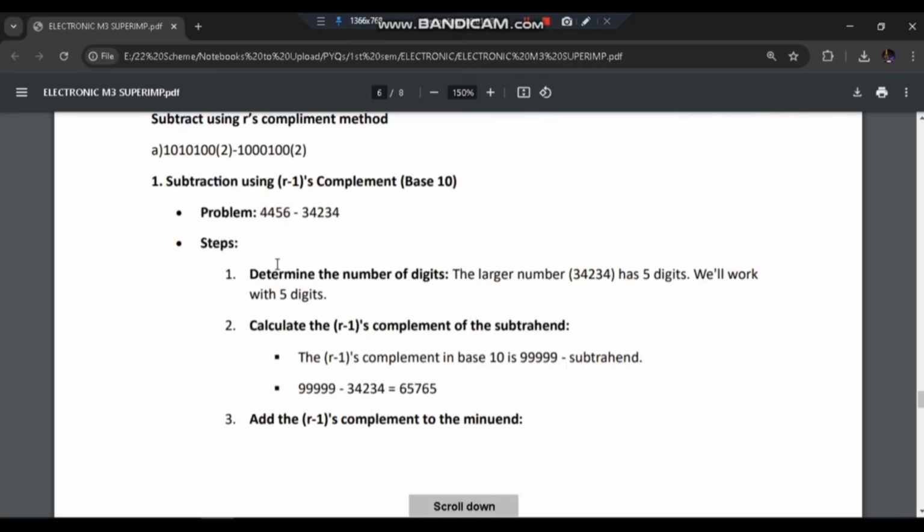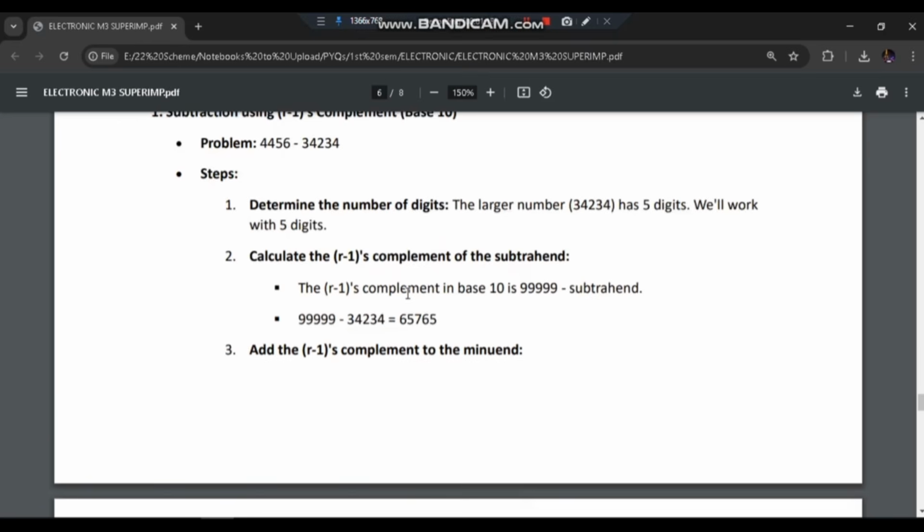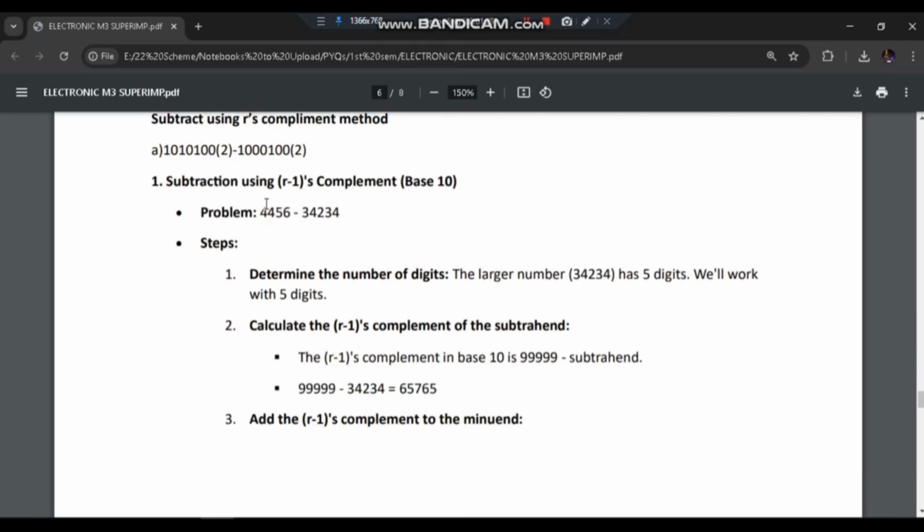First, using the r minus 1 complement, the first step is to determine the number of digits. The larger number has 5 digits, so we'll work with 5 digits. We'll calculate the r minus 1 complement. R minus 1 for base 10 means 9's complement. So the 9's complement of the given number is 99999 minus the subtrahend. We subtract the given number from 99999 and we'll get a value. This value will be added to the minuend, which is 4456.